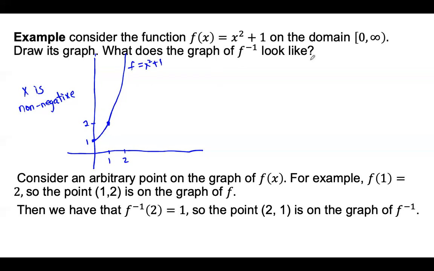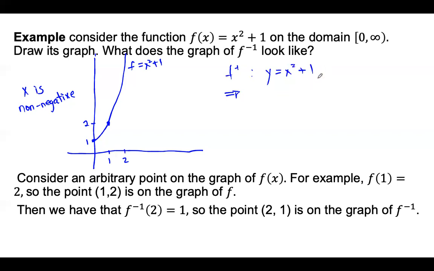But what about the inverse? Okay, we can draw that, but what does the inverse look like? It's a little bit more complex. So the inverse of this function, how do we find it? We set y equals x squared plus 1, and we solve again for x. So we're going to isolate for x.